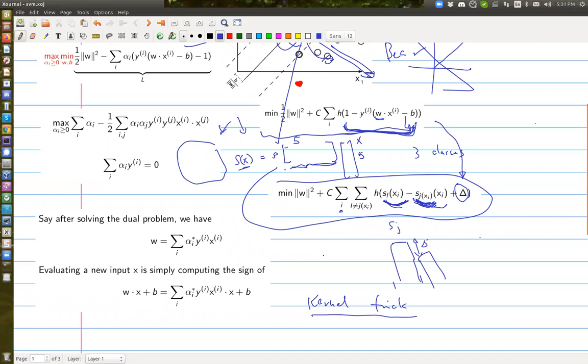For SVM by itself, it is actually not very useful even if you allow soft margin. For example, if I have data like this, I don't care whether you are doing soft margin. Let's say this is one class, and that's another class.